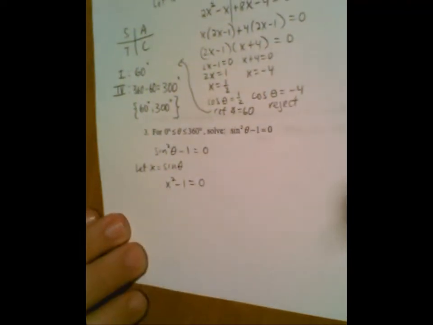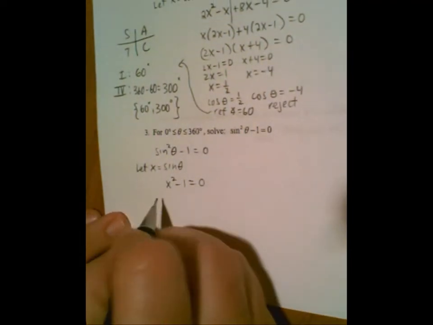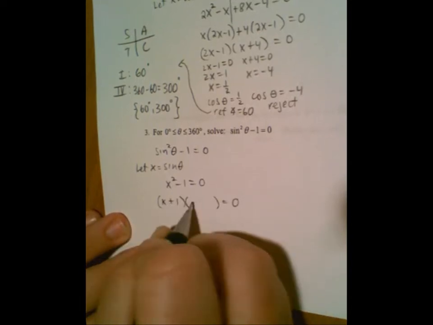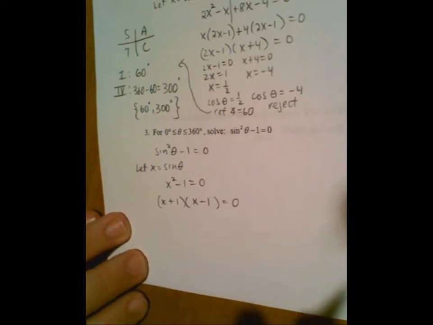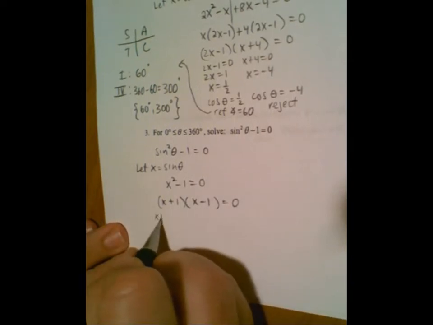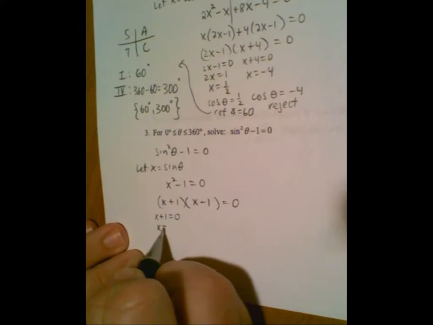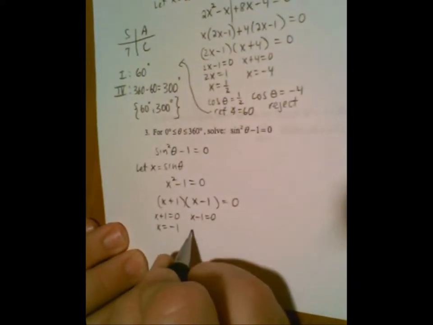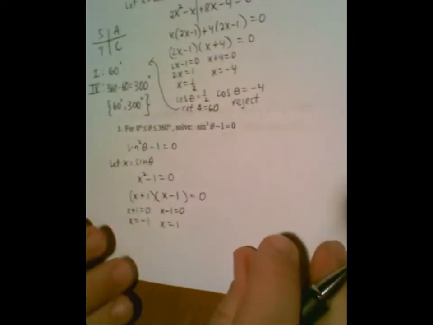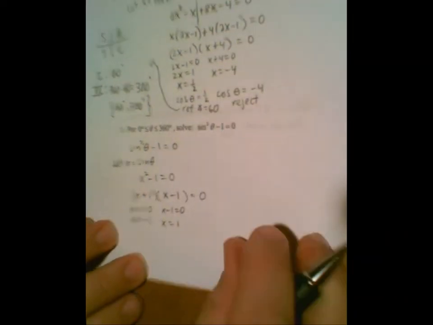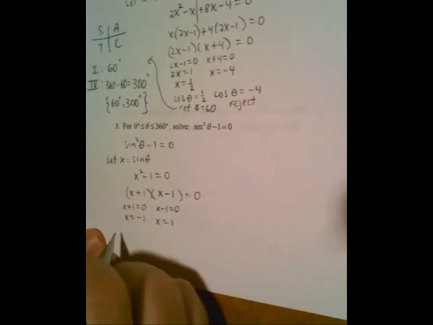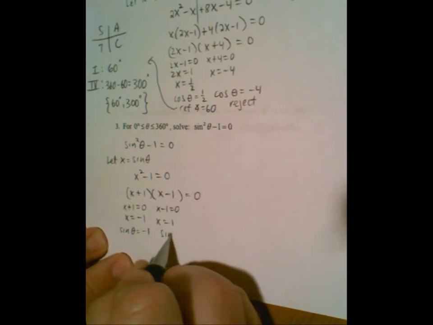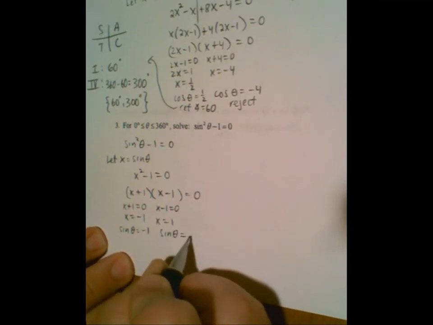Well, x squared minus 1 is a difference of two squares, right? x plus 1, x minus 1 equals 0. Set both of them equal to 0. x plus 1 equals 0, x equals negative 1. x minus 1 equals 0, x equals 1. So now I have sine theta equals negative 1, and sine theta equals positive 1.